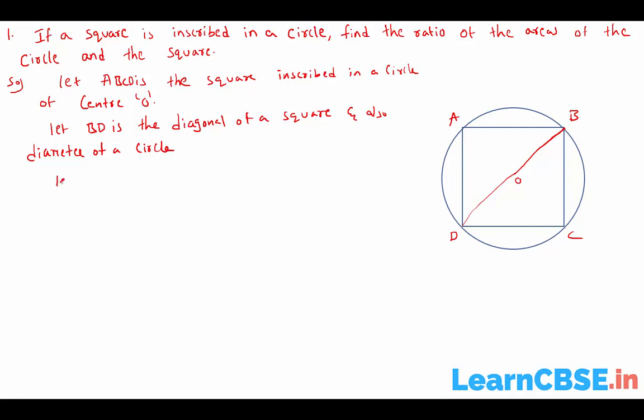Let side of a square equals to a units, then diagonal is root 2a. Therefore BD length, which is diagonal, is root 2a, length of diagonal of a square.